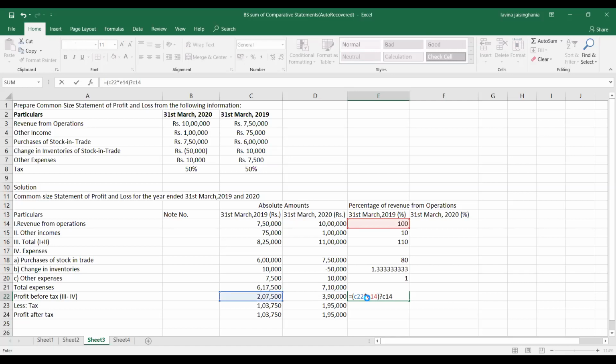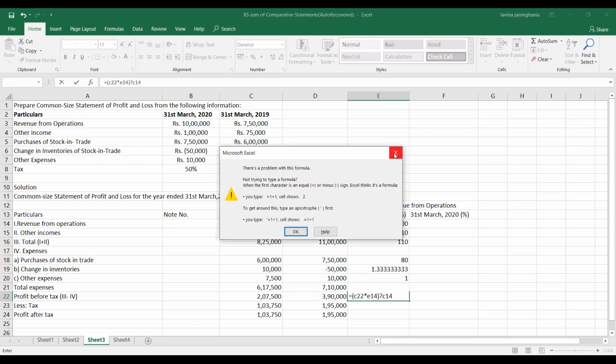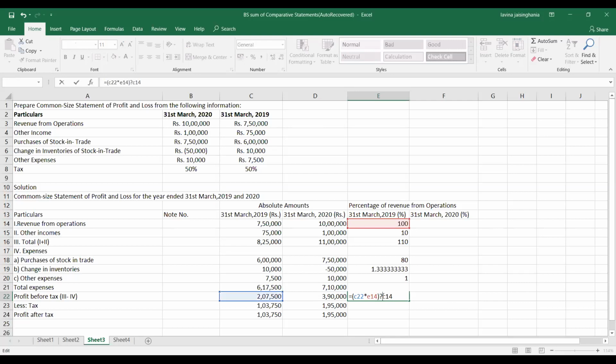Okay, here you have to put the sign of division. So you'll get your answer as 27.666%.